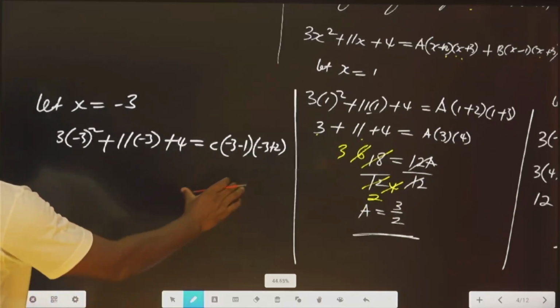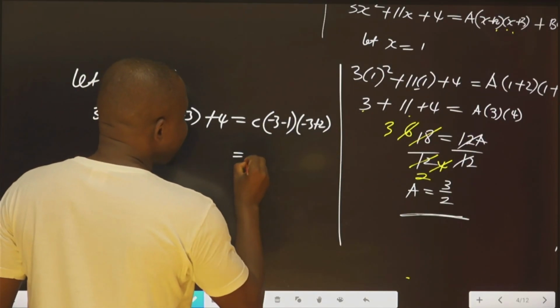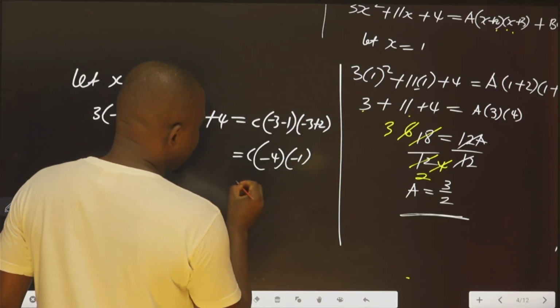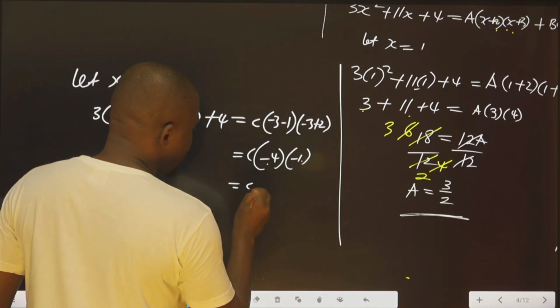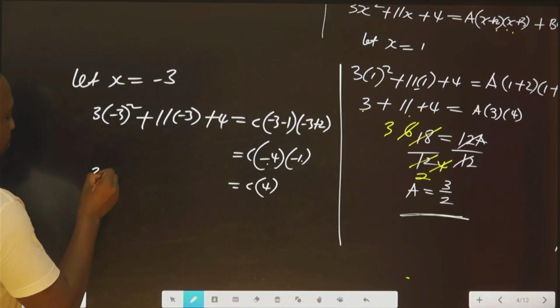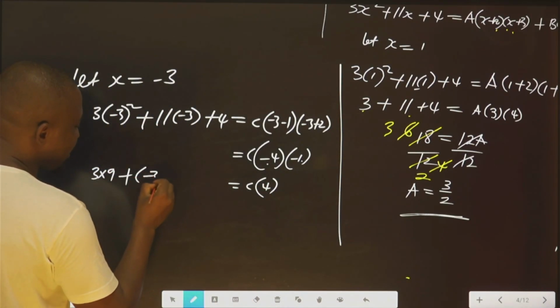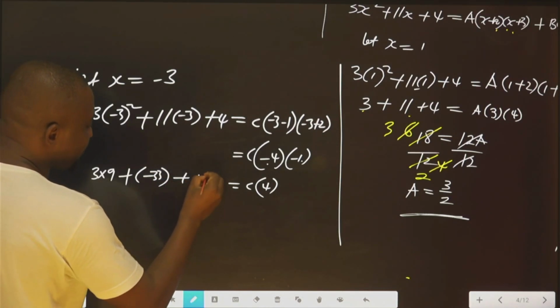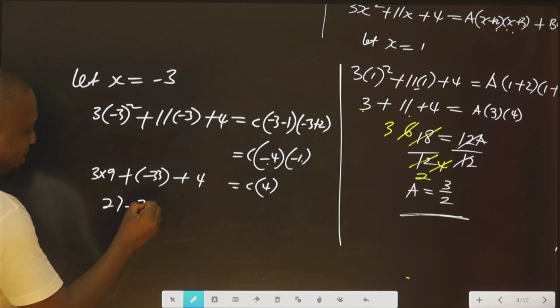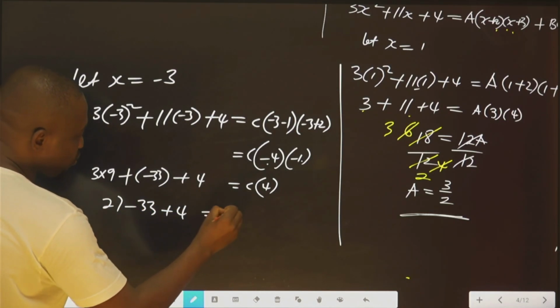Okay? So now we're going to have c here. This is what? Minus 4, minus 1. That is, this multiplied by this is what? 4. This is what? 3 multiplied by 9, minus 33 plus 4. This will produce 27 minus 33 plus 4 equals to 4c.